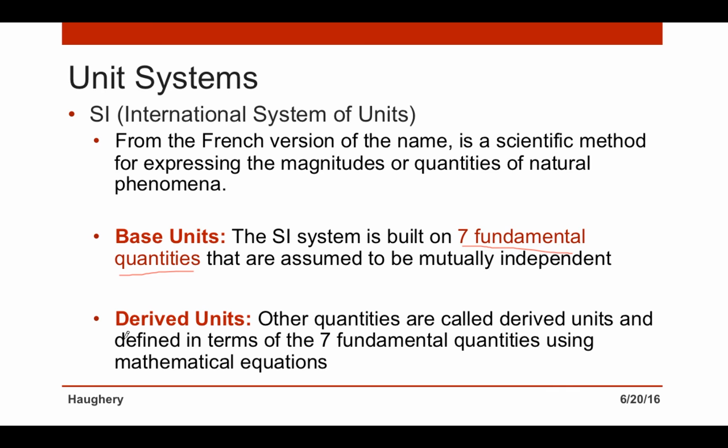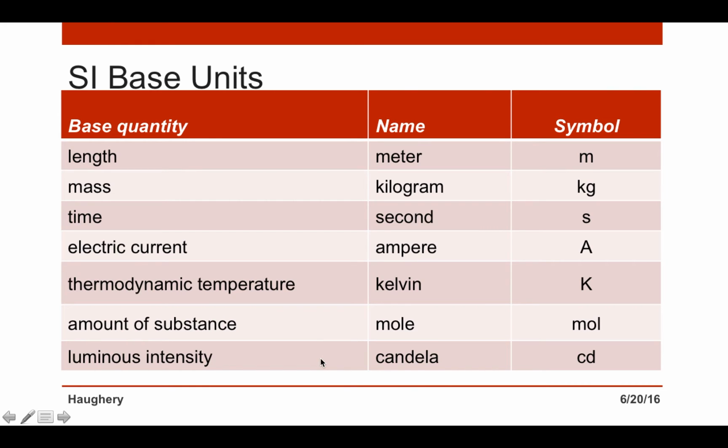Then we have a whole bunch of derived units that we build using mathematical equations on top of the 7 base units. In this slide, the 7 base units are length, mass, time, electric current, thermodynamic temperature, amount of a substance, and luminosity, or luminous intensity.